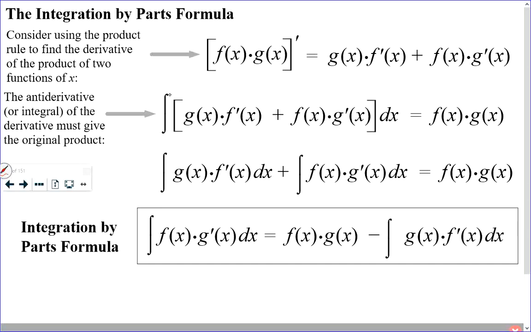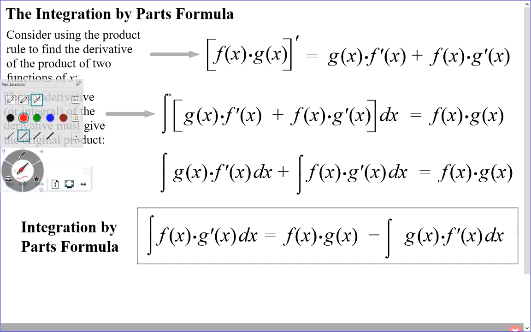It's a formula that will allow you to integrate things that you otherwise couldn't. What I've shown you that somebody has done here is take something that is an integral, the integral of f of x g prime of x, and write it in a different way. This is the basic idea: your questions are going to be, what is this equal to?